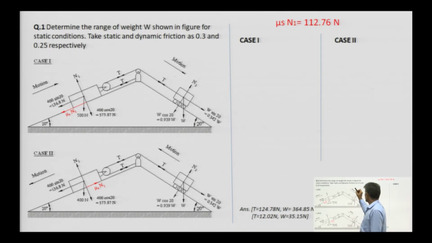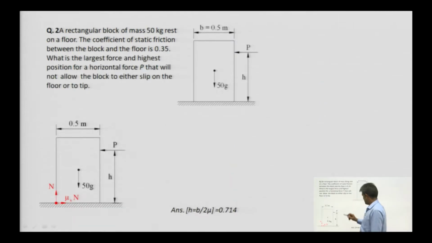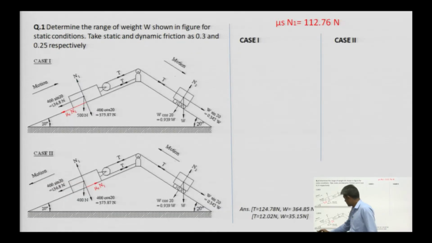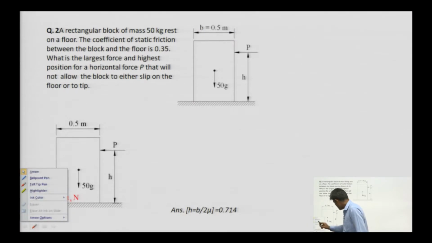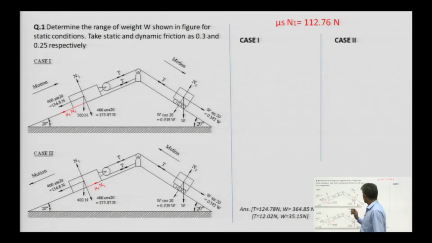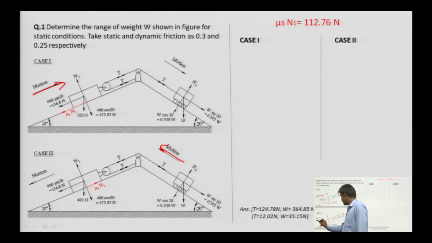When this trolley is moving downward, then this block will move in the upward direction. In our second case we will consider the trolley mass moving in the upward direction. Since this motion is upward, this block will move in the downward direction.